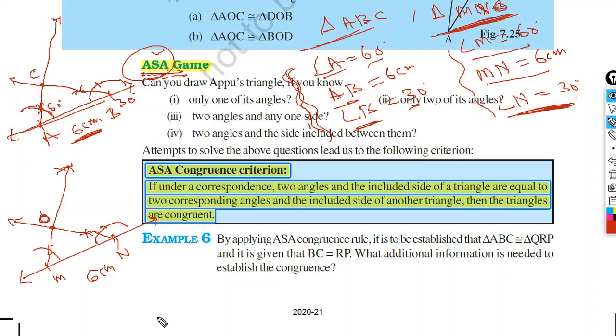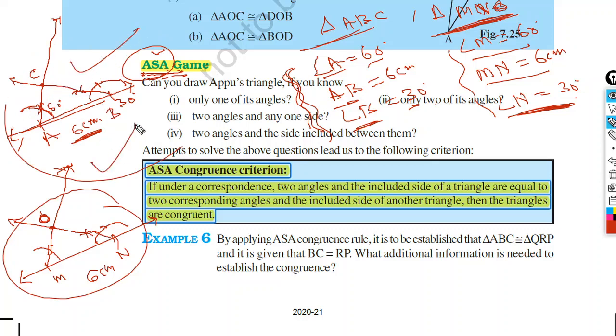Now if you compare triangle MNO and triangle ABC, you can find all the corresponding parts of this triangle will be equal to corresponding parts of the other triangle. So we can say these two triangles are congruent, and the congruency criterion is angle side angle.